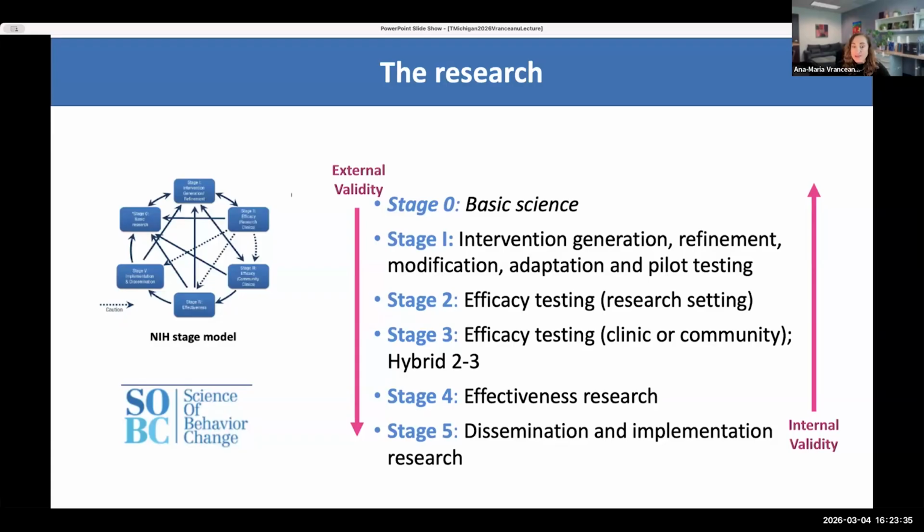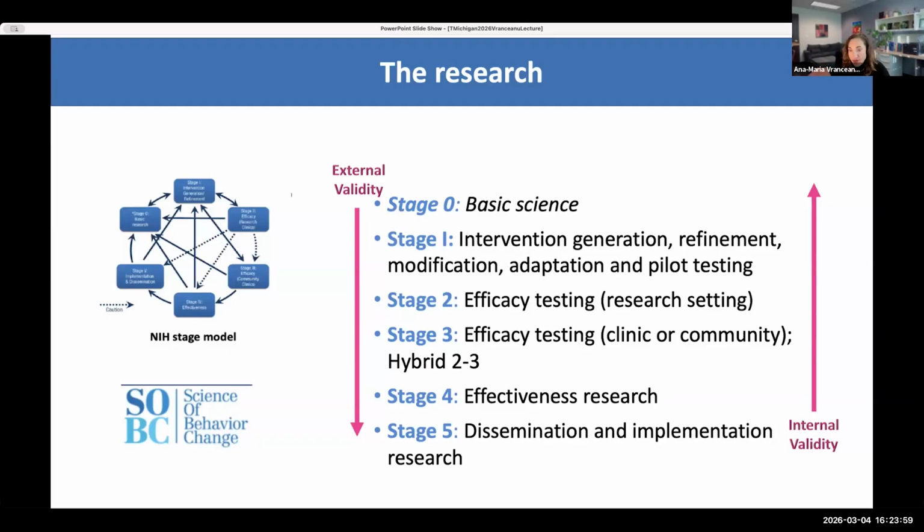And so it has 5 stages, and I like to think of it as kind of a GPS. You just plug in the address, which for me is implement the intervention, and then it tells you where to go. And you have multiple ways of going there, and these are the arrows that you see going from different stages. So you don't necessarily have to go to stage 0, 1, 2, 3, 4, 5.